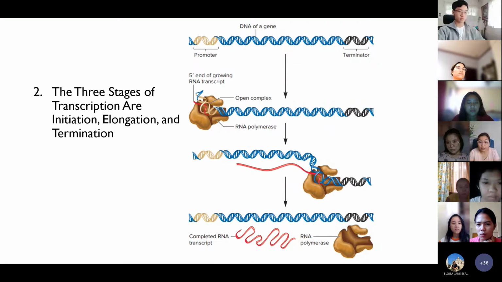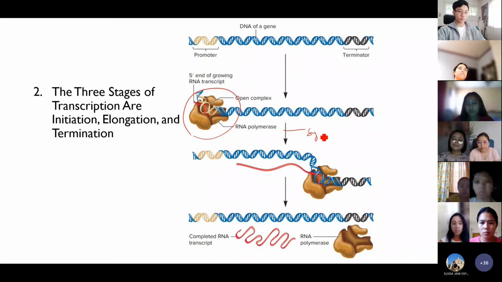But for the 3 stages, namely the initiation, elongation, and termination of the transcript, these actually involve protein-DNA interactions, in which proteins such as RNA polymerase, the enzyme that synthesizes our RNA, interact with the DNA sequences.